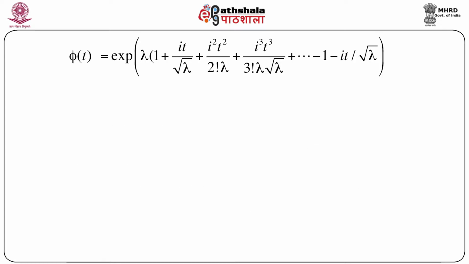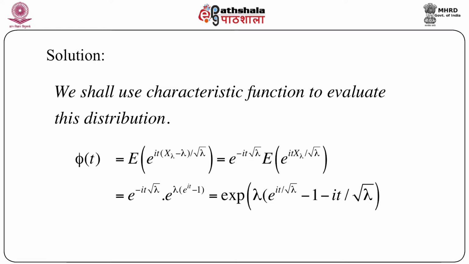So let us write down phi(t). It looks slightly complicated, but not really very difficult. Note one thing: inside the exponential there is another exponent part. So the easiest way to evaluate this entire expression on the right hand side is to expand e to the power it by root over lambda inside the bracket.